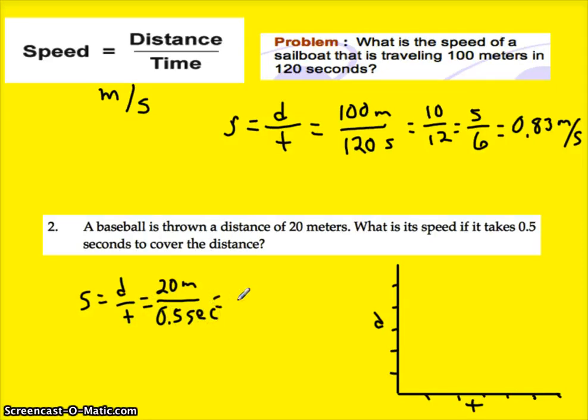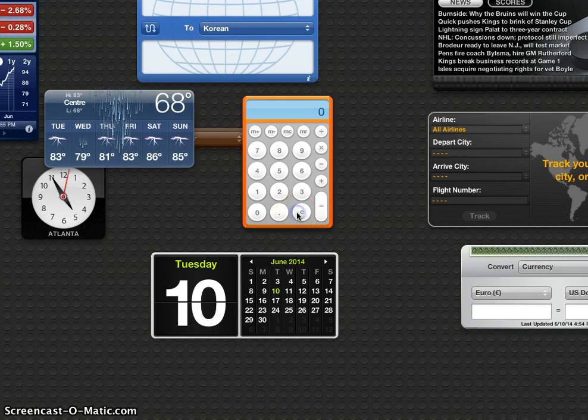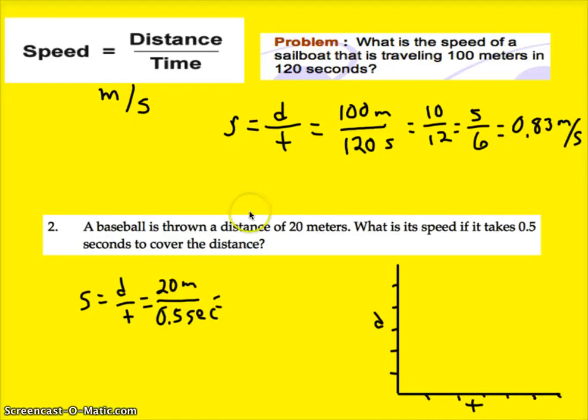So let me go back to my dashboard here. And we'll have clear, 20 divided by 0.5 equals, and we're looking at 40 meters per second. That's what we have for that one. So that's how you calculate speed in meters per second.